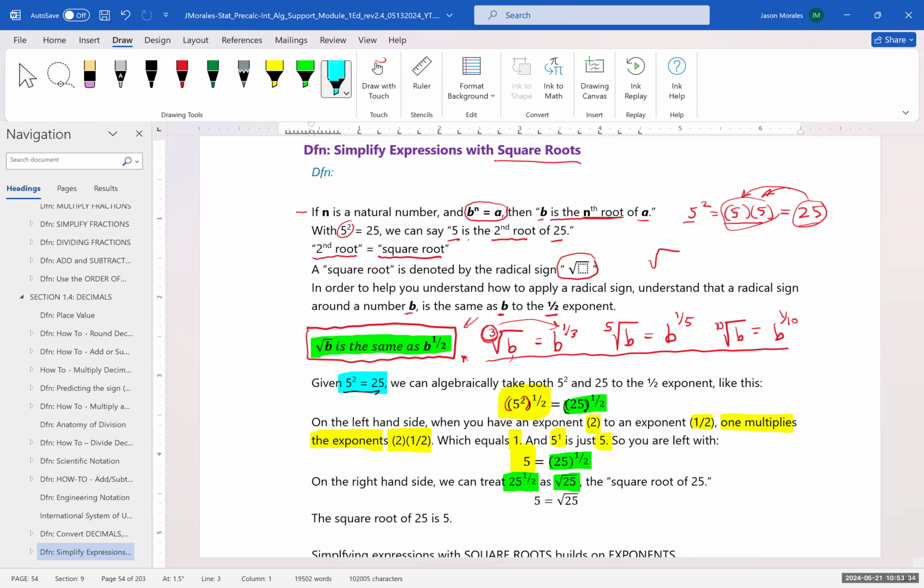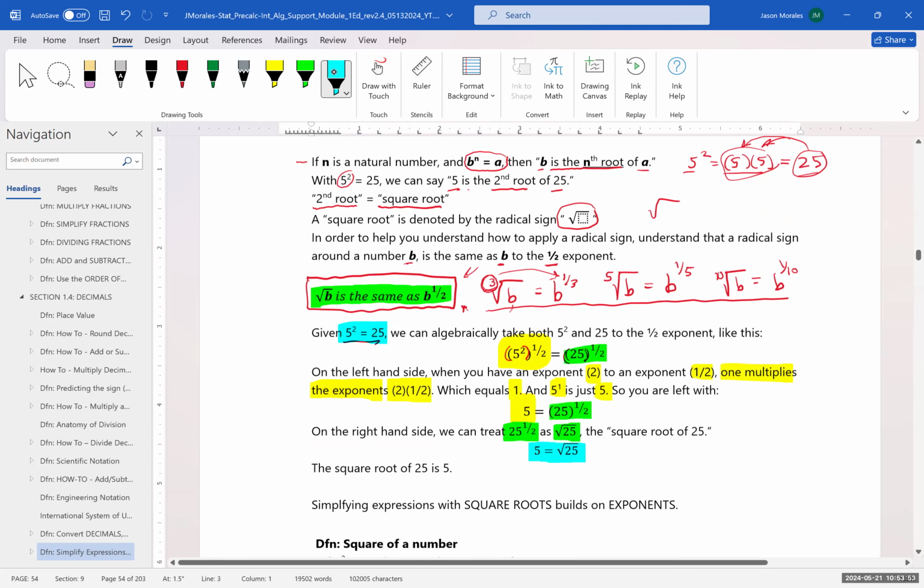We've now done a little bit of algebra to write it as 5 is equal to the square root of 25. So that's how we interchange between the definition of an nth root, square root, and back and forth. So the square root of 25 is 5.